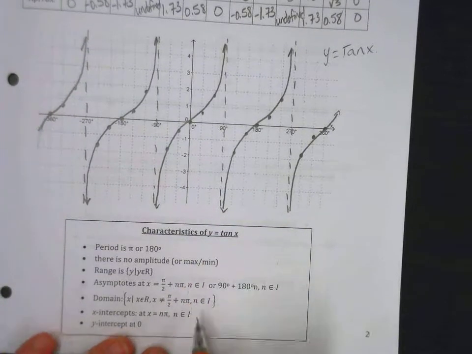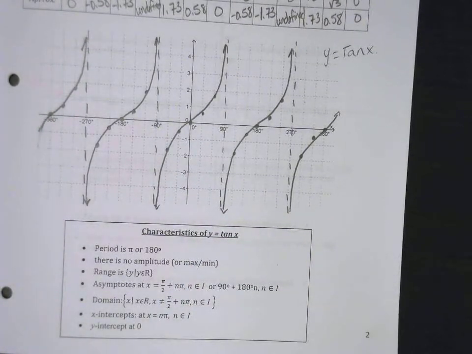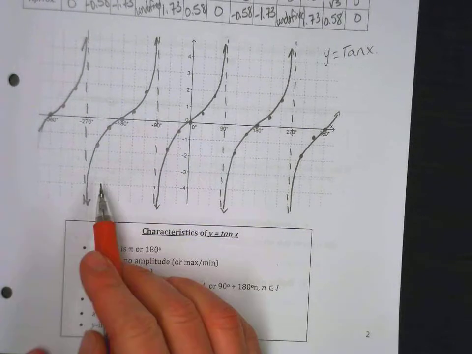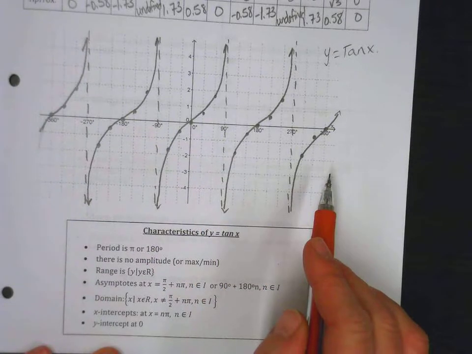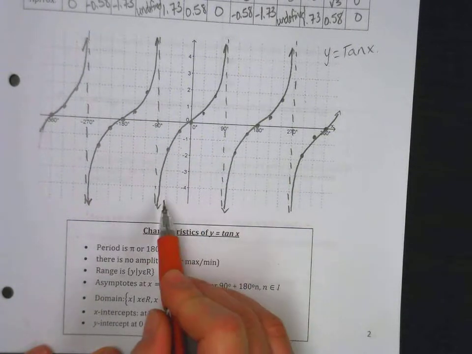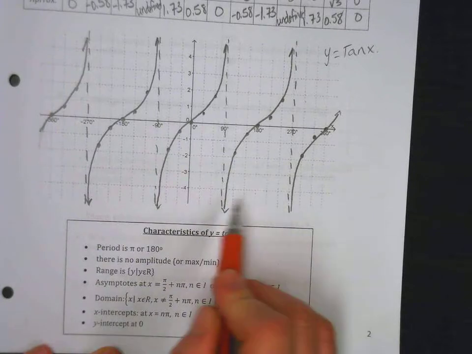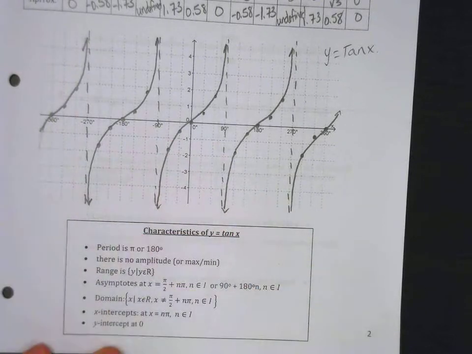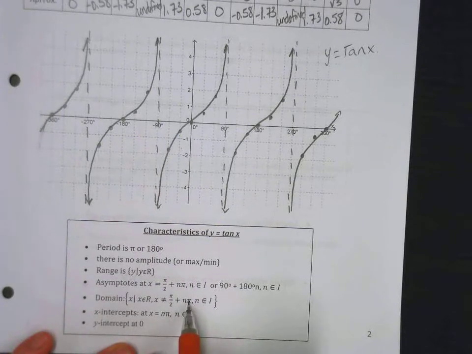Similarly, when we talk about domain, it's going to represent all real numbers, except the domain is broken up at these asymptote marks. So when we talk about the domain of a tangent function, we have to not include our asymptote points. So we're going to say x belongs to real numbers where x cannot equal pi over 2 plus n pi, where n belongs to the integers.